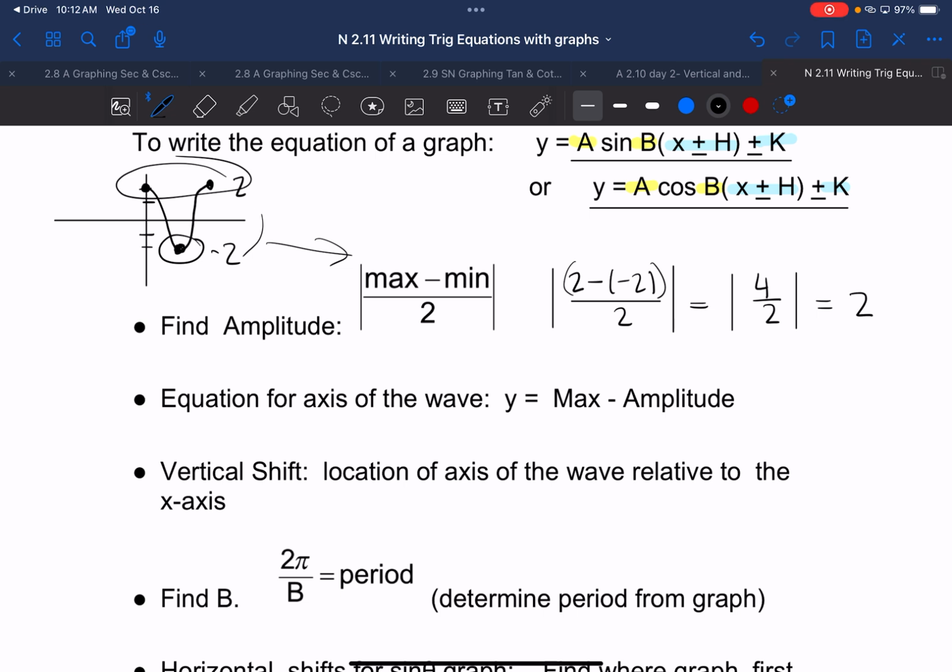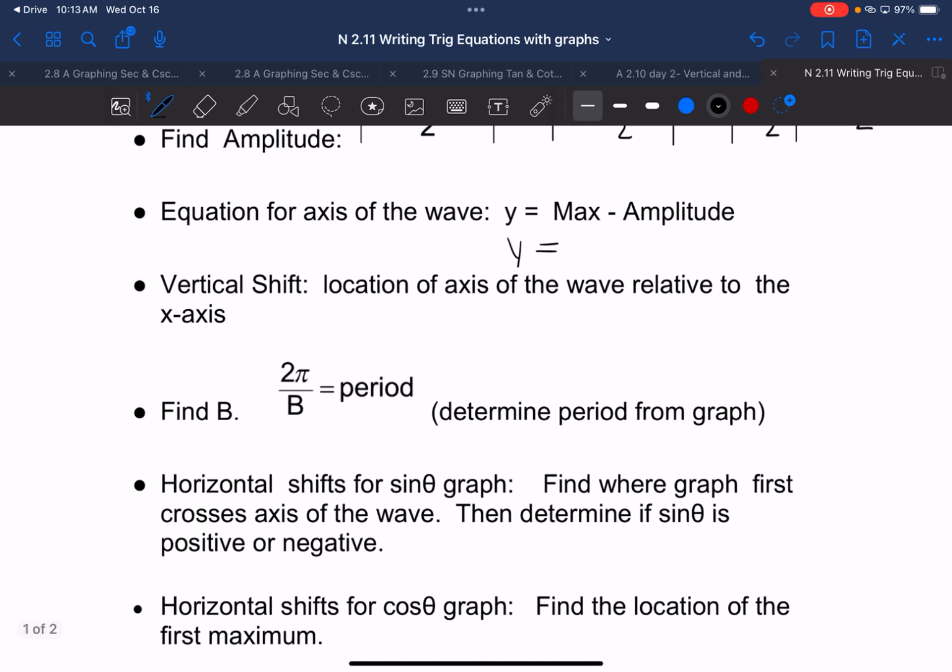Okay. All right, then it says for the axis of the wave. Okay, so whenever they are talking about the axis of the wave, they're talking about my line, right, that I would draw. Okay, it says that is y equals your maximum minus your amplitude. Okay, well, for this picture right here, that would be y equals, what was our maximum? 2.